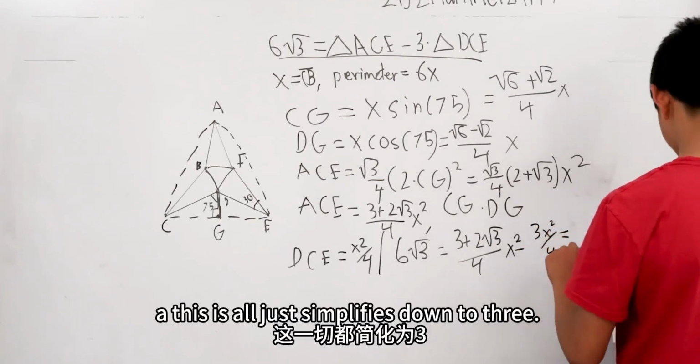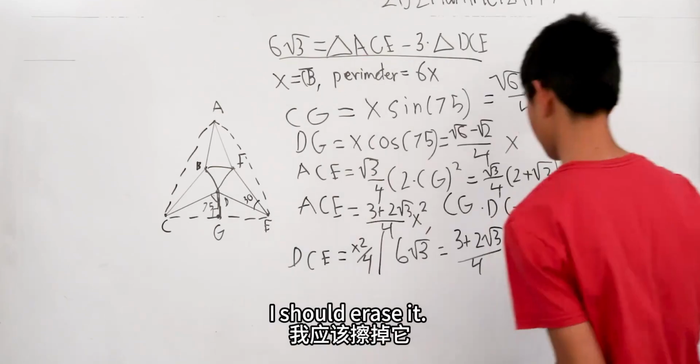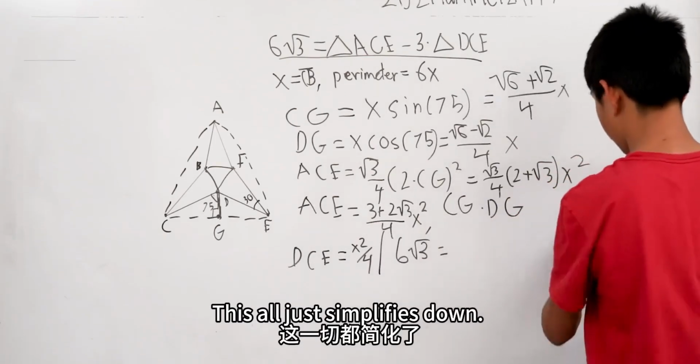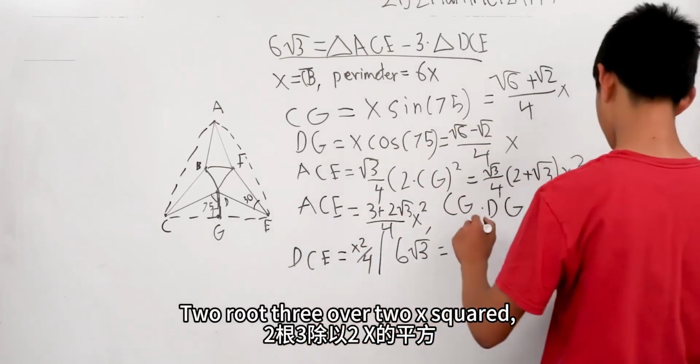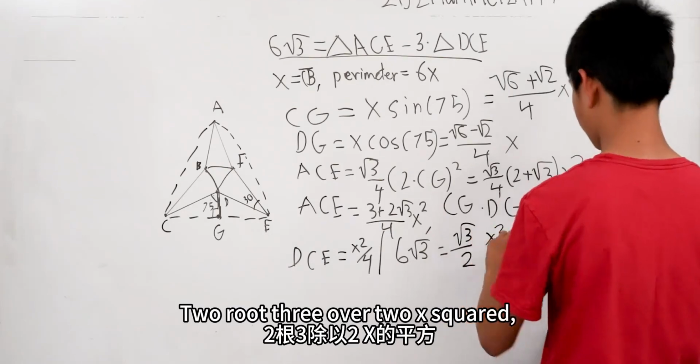This all just simplifies down to root 3 over 2 x squared.